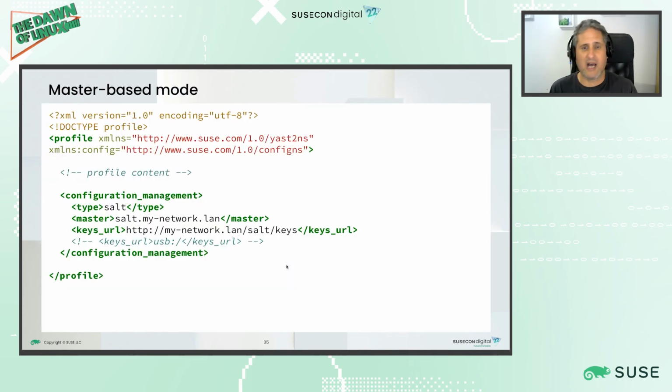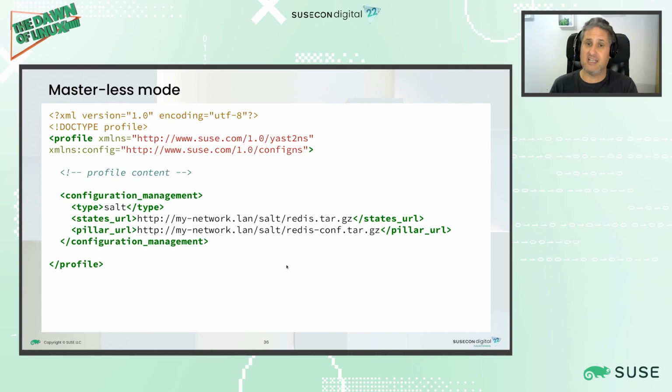For instance, if you have a Salt master server, you can connect to that server at the end of the installation, and you can apply the configuration that you get from that server, and AutoYaST will take care of that. Or in masterless mode, you don't even need a server.